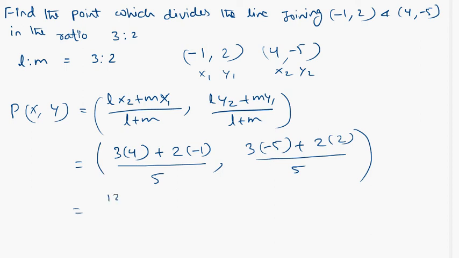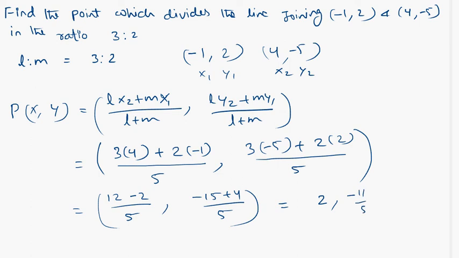That gives you 12 minus 2 divided by 5, and -15 plus 4 divided by 5. That gives you 10/5, which is 2, and -11/5 is the y coordinate. So we have the coordinates of a point P that divides the line segment joining -1, 2 and 4, -5 in the ratio 3:2.